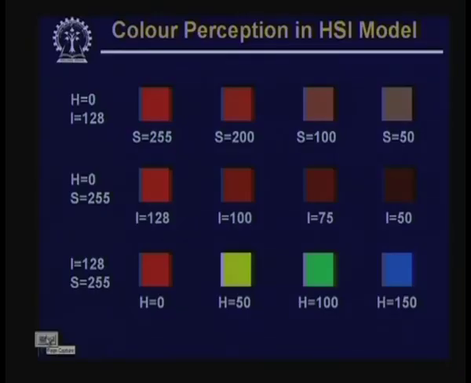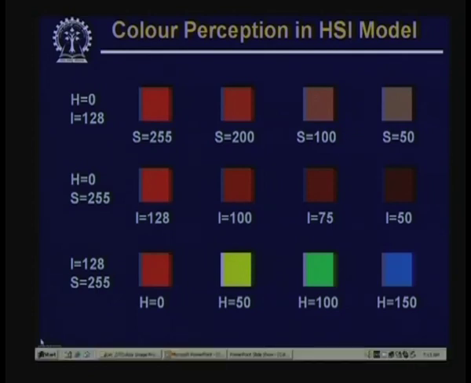From RGB to CMY, the conversion is very easy. We can also convert from RGB to HSI, where the conversion is slightly more complicated. Now, with this introduction of the color spaces, next we will talk about color image processing.